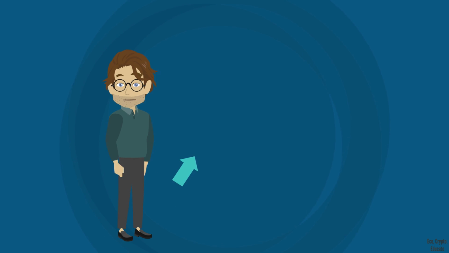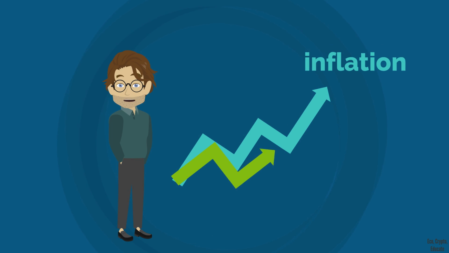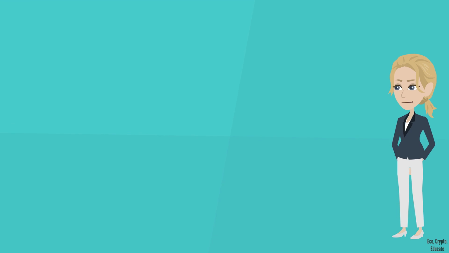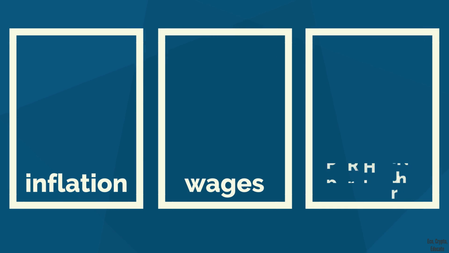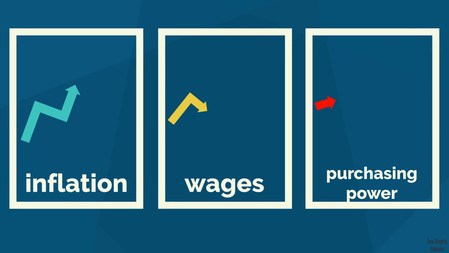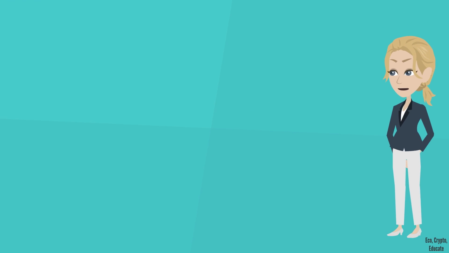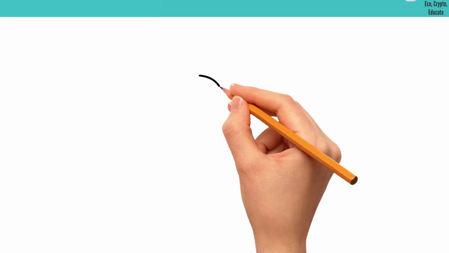And by the way, currently, the inflation is widely increasing much more than the wages. Wait, this means that my purchasing power is actually decreasing? Yep. And it will be the case each year. So, not that cool, right? No, not cool. And that will be it for today.